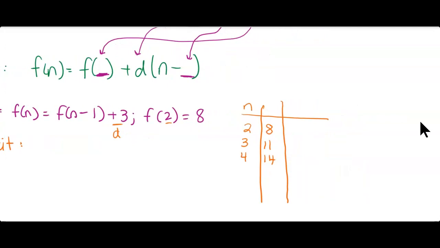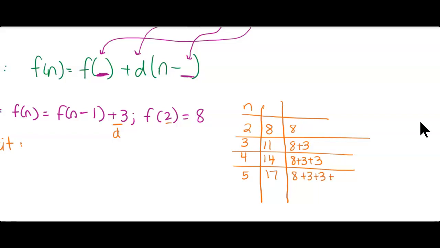Yesterday we expanded things out. So this was 8, then this is going to be 8 plus 3, and this one's going to be 8 plus 3 plus 3. My fifth term would be 17, which would be 8 plus 3 plus 3 plus 3. And then my sixth term would be 20, which would be 8 plus 3 plus 3 plus 3 plus 3.